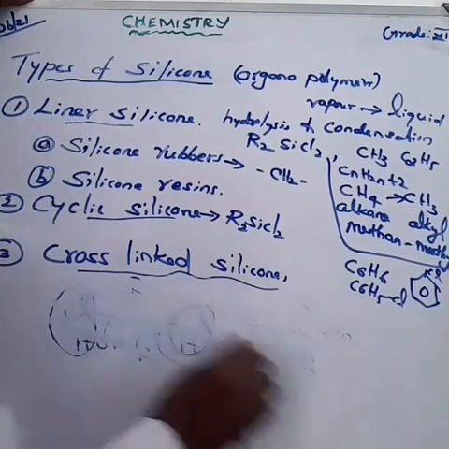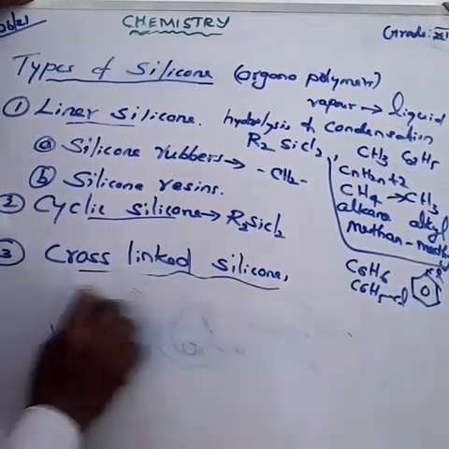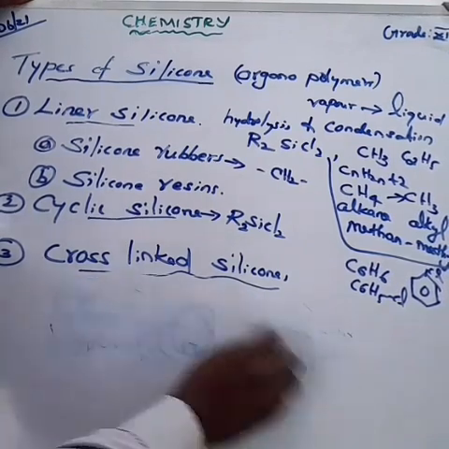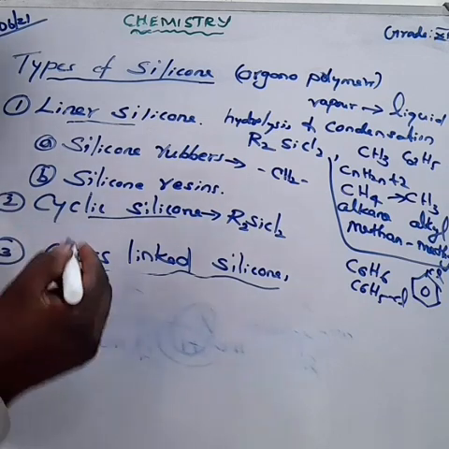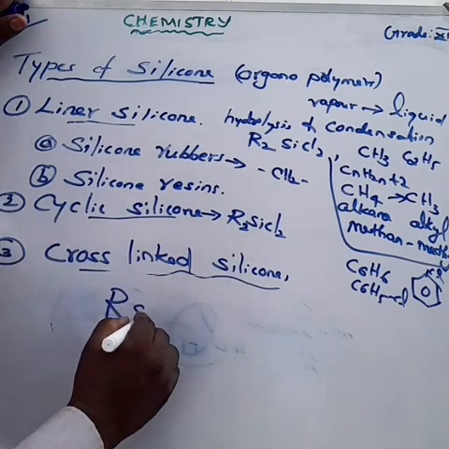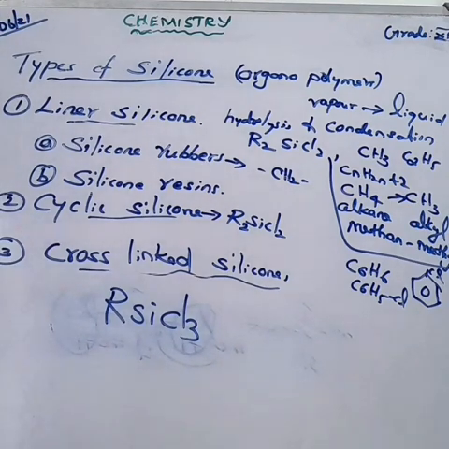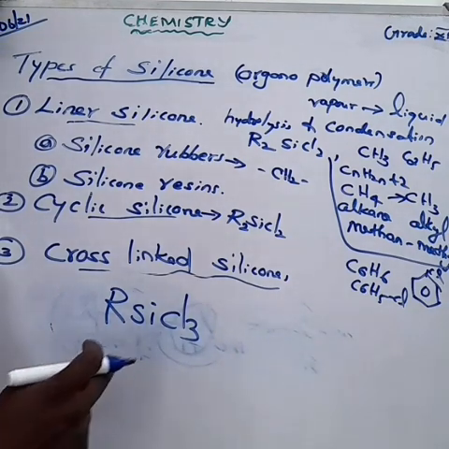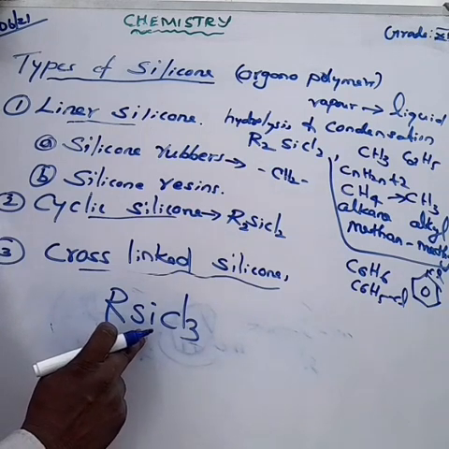Cross-linked silicones. What are the cross-linked silicones? These silicones are obtained by hydrolysis of RSiCl3. What is the R? Alkyl.